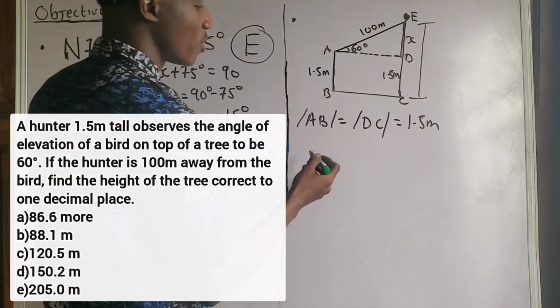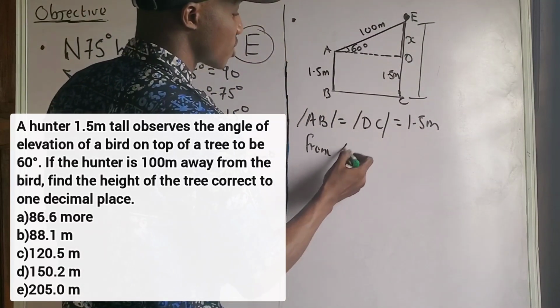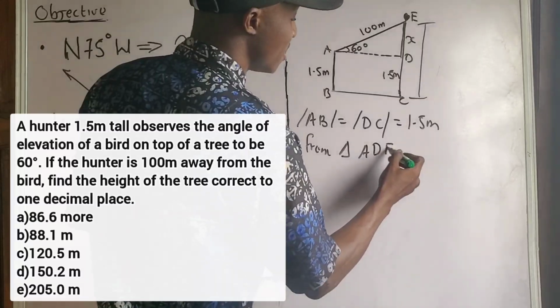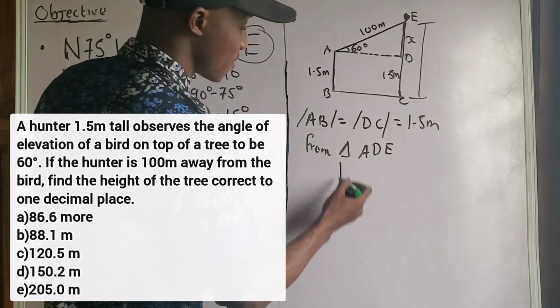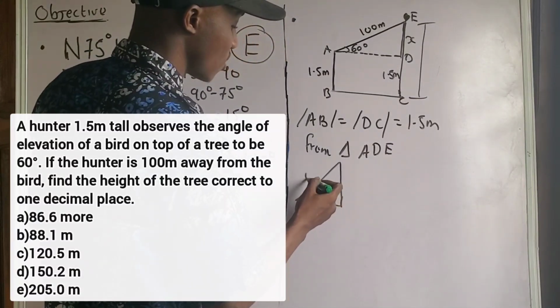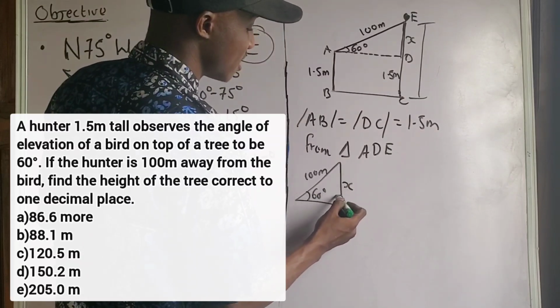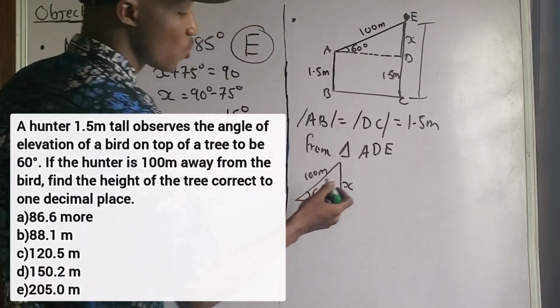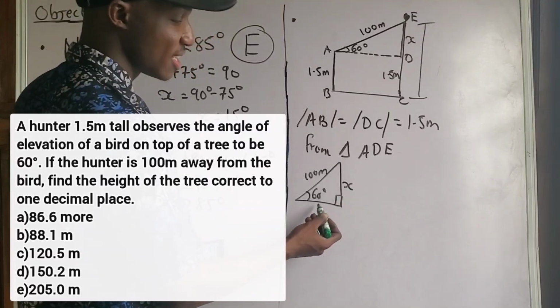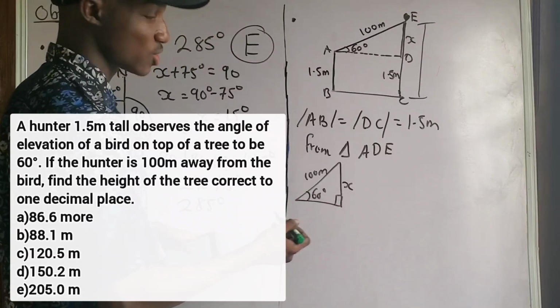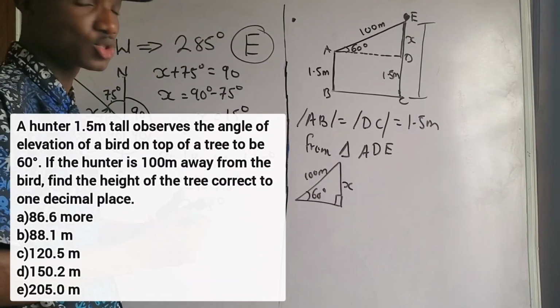To get the value of x, from triangle ADE, this is 100 meter, this is 60 degree, and this is x. Now, this x is opposite, and the hypotenuse is 100 meters. So what trigonometric ratio are we going to use?